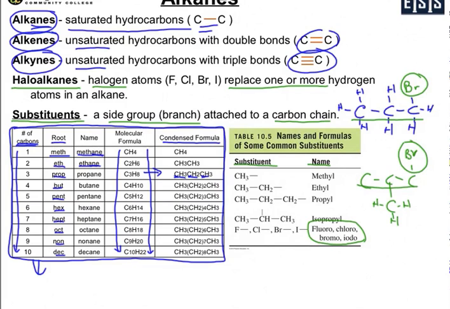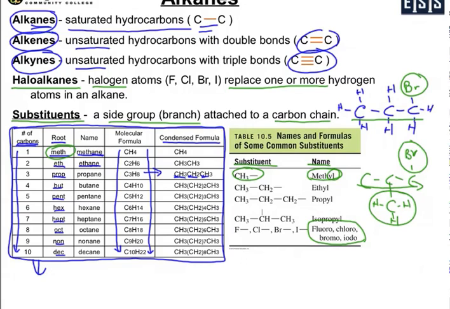But now off my main chain, I have a carbon coming off as a branch. And so when you have 1 carbon coming off as a branch or a substituent, the name for that is methyl. And if you notice, that comes from the root meth, and you add yl to it.